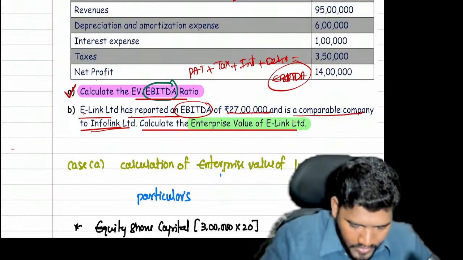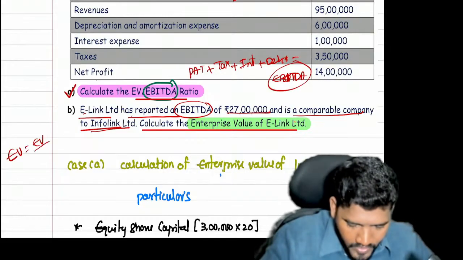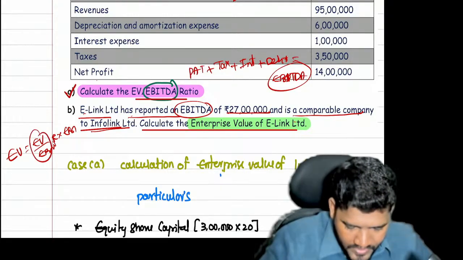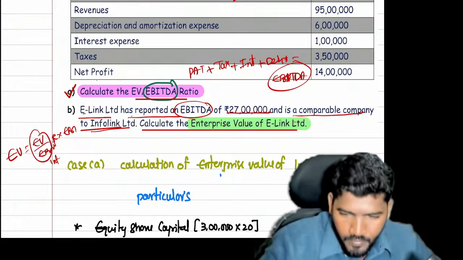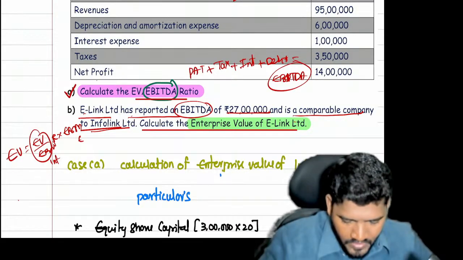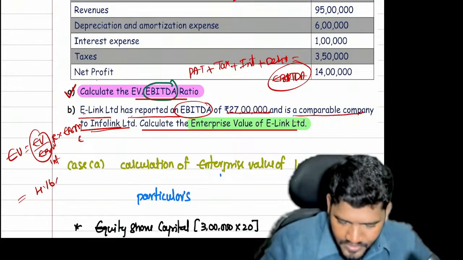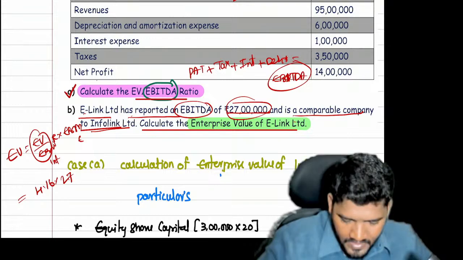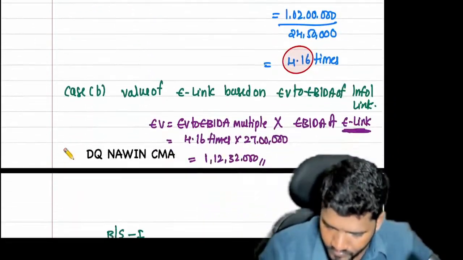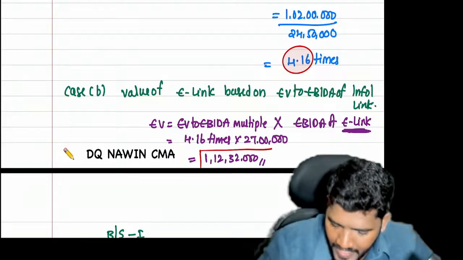Enterprise value equals the enterprise value to EBITDA ratio into EBITDA. This ratio is from Infolink because I don't have E-Link's, and this EBITDA is of my company E-Link. So 4.16 times into EBITDA of 27 lakhs. So the valuation equals 1 crore 12 lakhs 32,000.